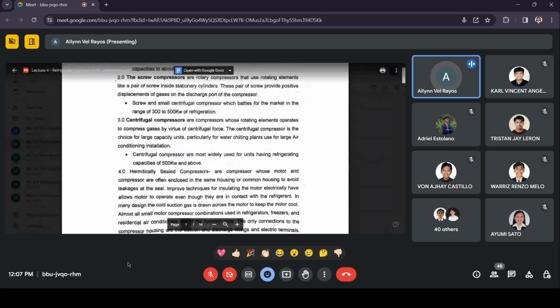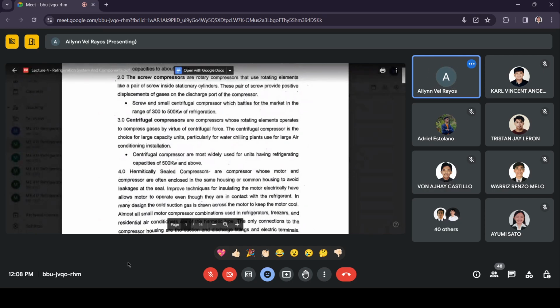So there are also lots of types of compressors that is used sa refrigeration systems nowadays. So kaya yung mga components na gagamitin nyo for your design project should also be discussed based on its previous use, yung paano siya ginagamit on some of the refrigeration system nowadays.